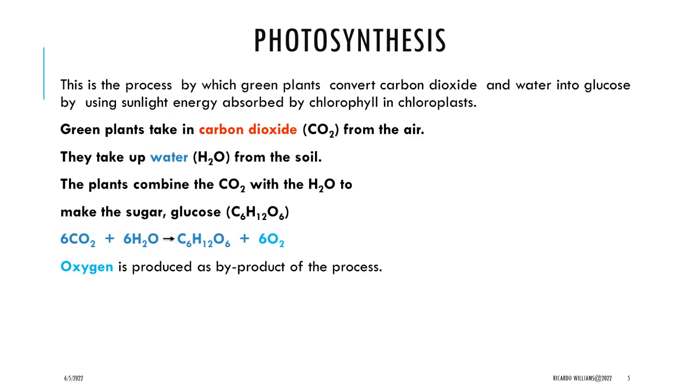Photosynthesis is the process by which green plants convert carbon dioxide and water into glucose by using sunlight energy absorbed by chlorophyll in the chloroplast of cells.